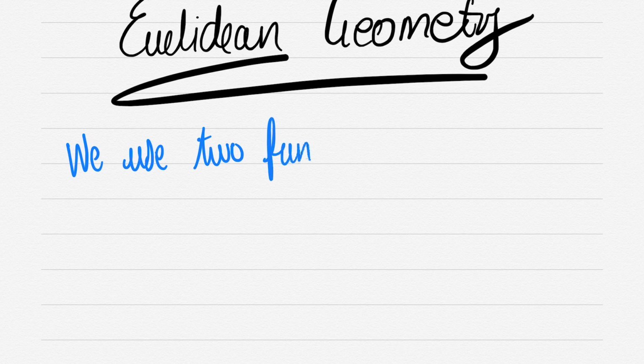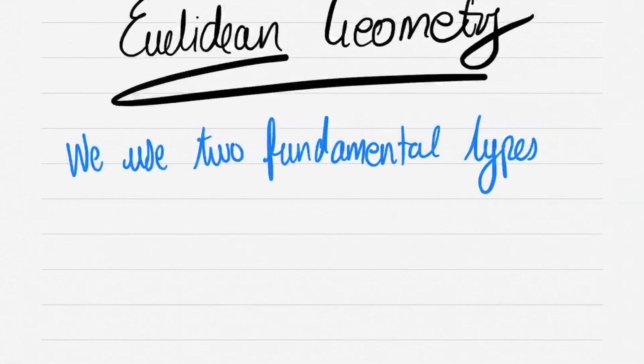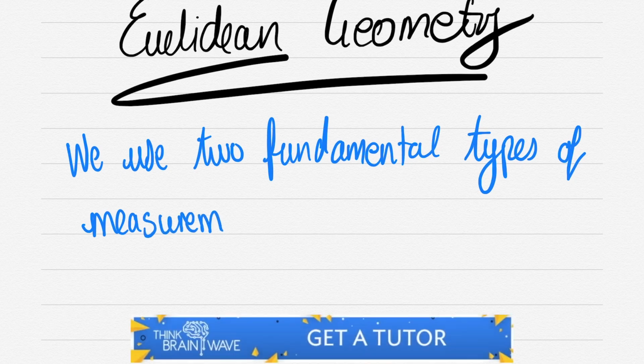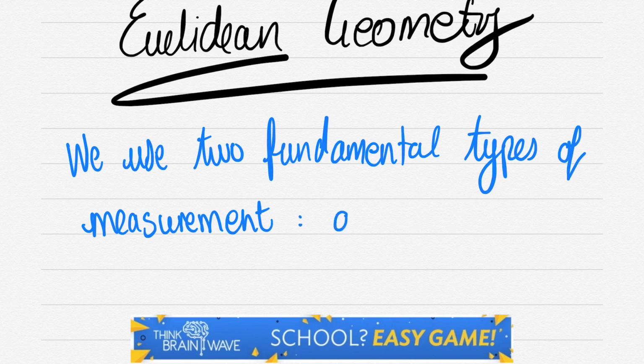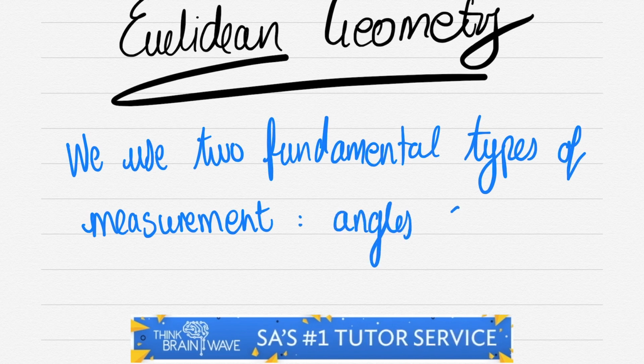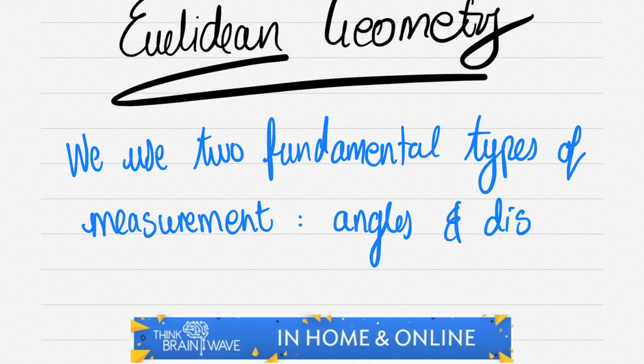So we use two fundamental types of measurement. We use angles and we use distance.